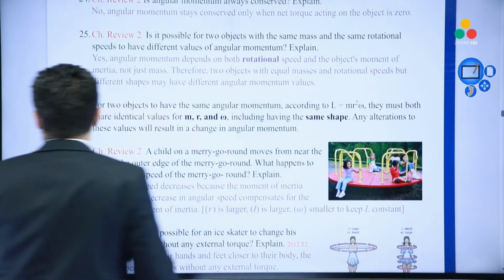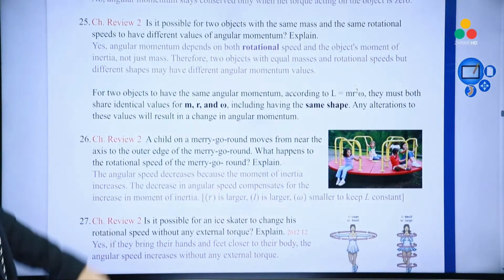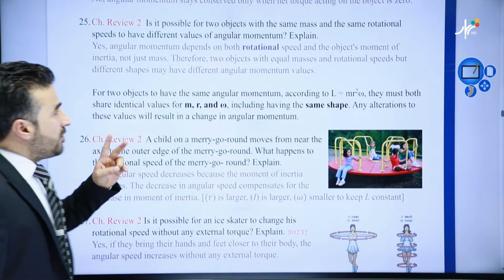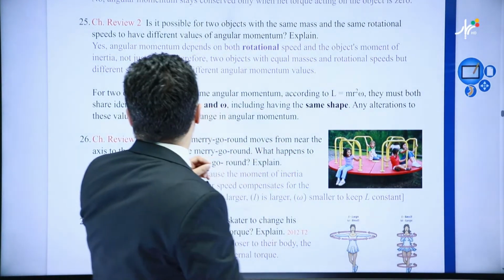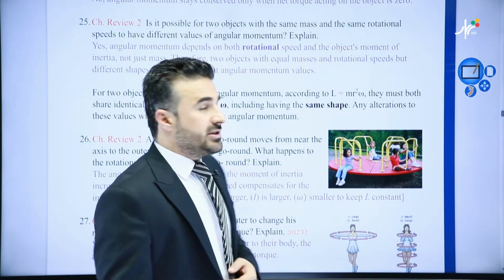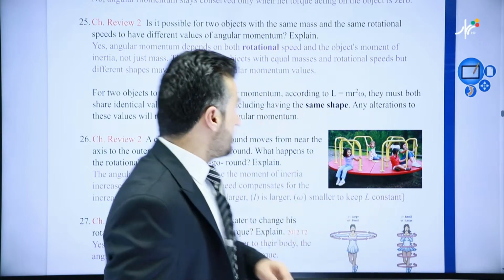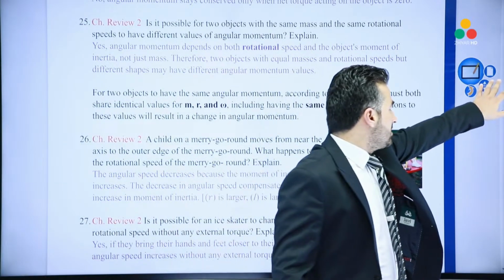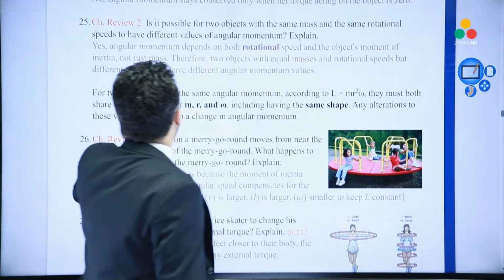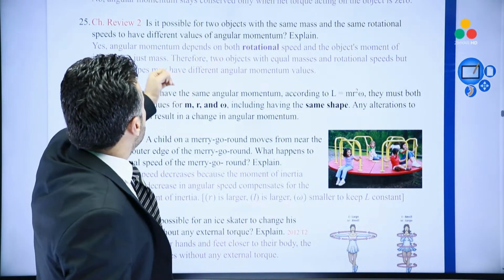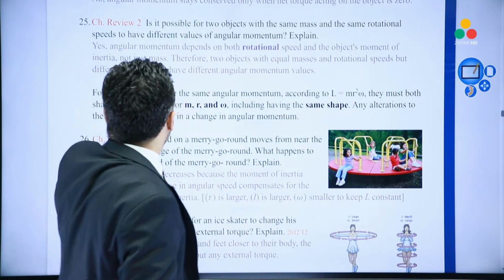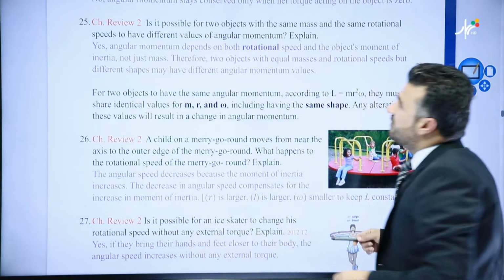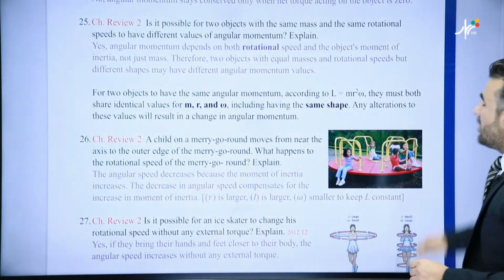Now we have another question. Question 25 says, is it possible for two objects with the same mass and the same rotational speed to have different values of angular momentum? That is a very good question as well. So we have two objects, and they have the same mass and the same rotational speed. Is it possible for them to have different values of angular momentum?